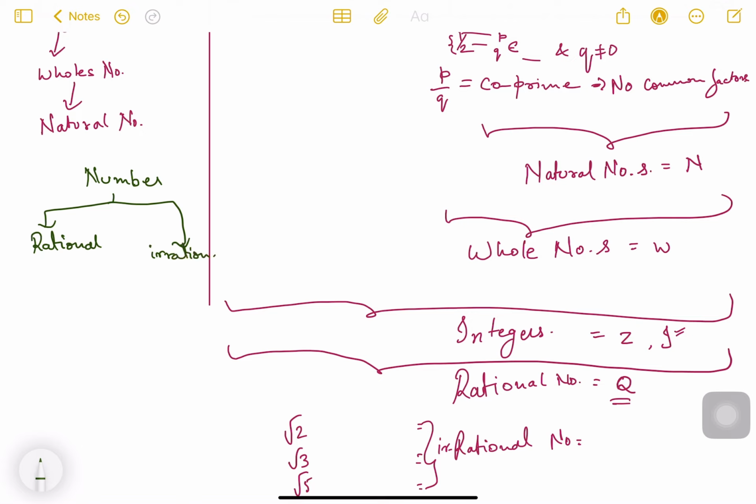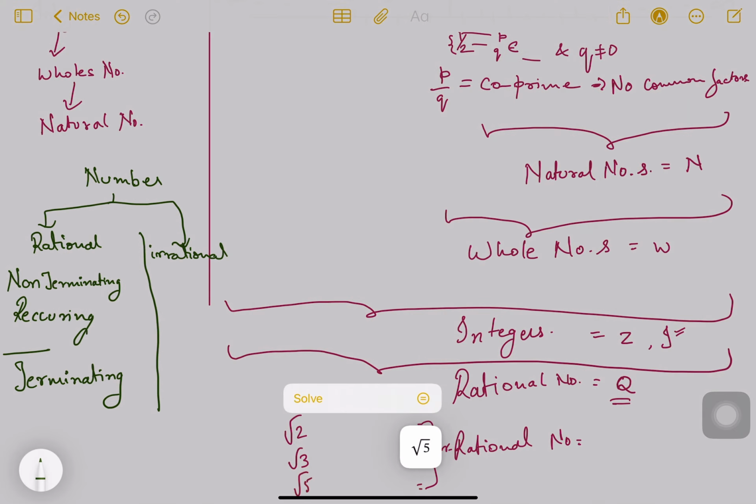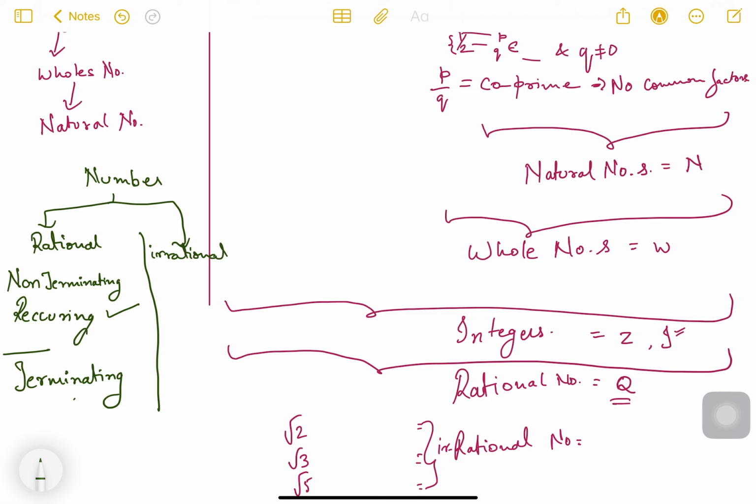And when we talk about rational numbers, they are non-terminating, repeating or recurring numbers, or they are terminating. Simple. Termination, like the movie Terminator, which ends everything. Termination means ending, finishing, stopping. So rational numbers are non-terminating recurring, or terminating.